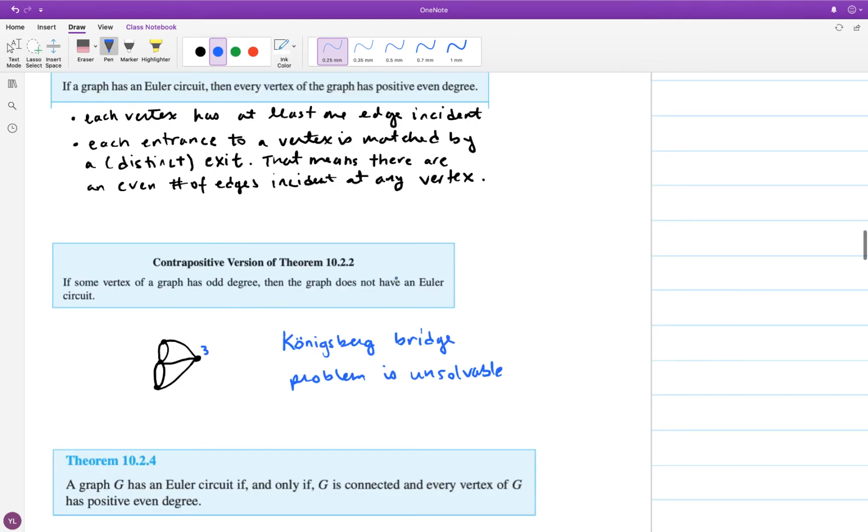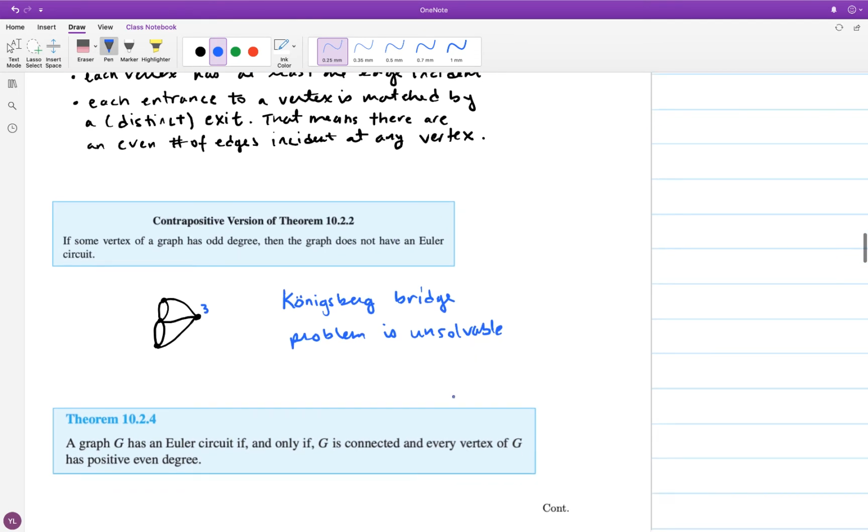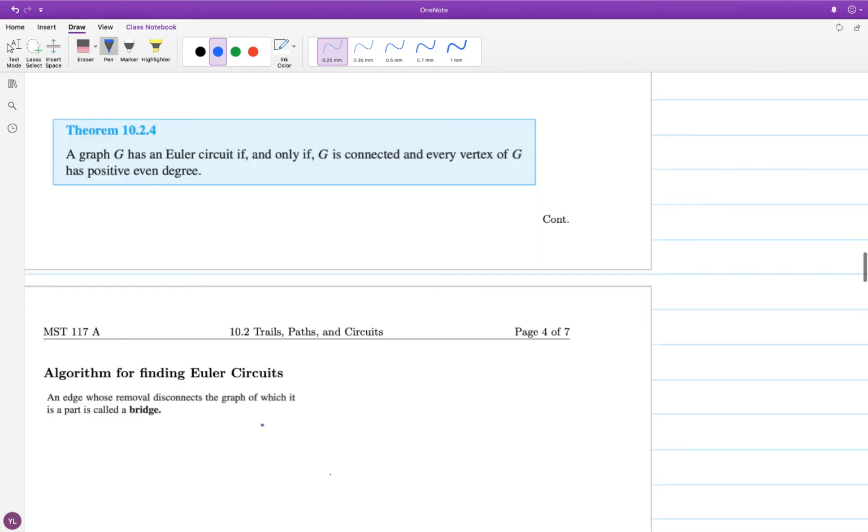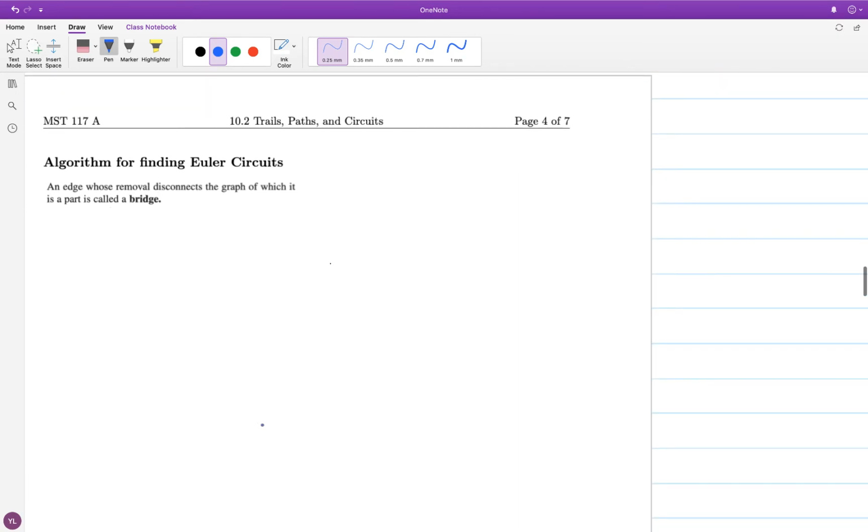What's even more interesting and a bit harder to show is that as long as your graph is connected and every single vertex has even degree, you're guaranteed to have an Euler circuit. So the book lays out a proof, and there's a distinct proof involving a completely different algorithm. Let me go ahead and present the algorithm that's called Fleury's Algorithm, just as an alternative to something that's presented in the book.